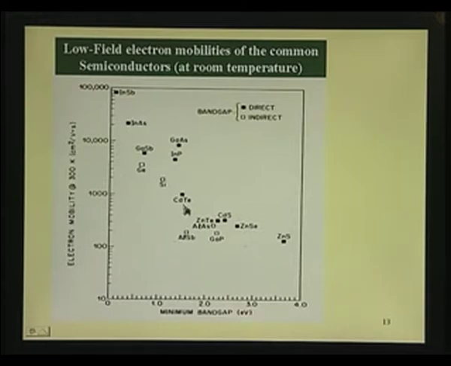These belong to 2,6 compounds. So, now we have said, elemental in the fourth group, silicon, germanium; 3,5, gallium arsenide, indium phosphide, gallium antimonide, indium arsenide, all those 3,5; and 2,6, zinc sulphide, cadmium telluride, cadmium sulphide, all this 2,6. Okay.